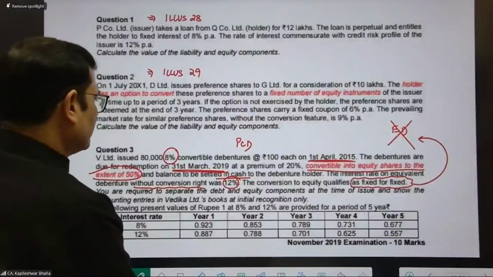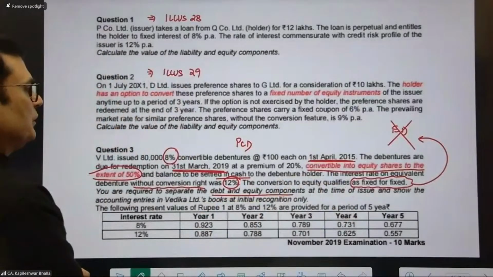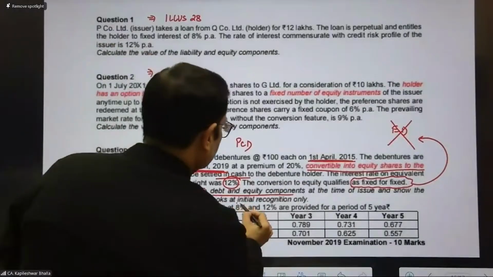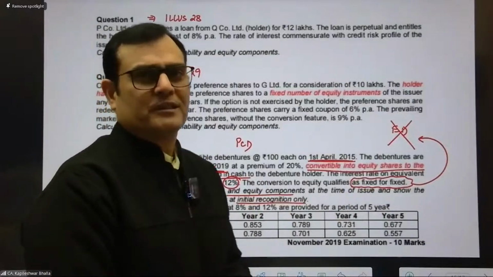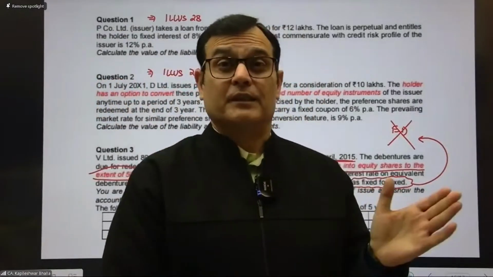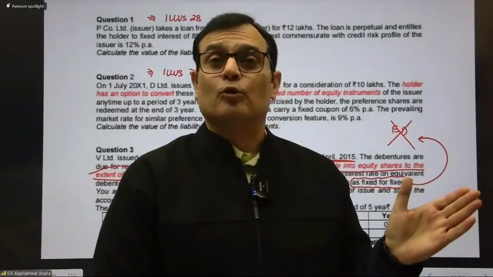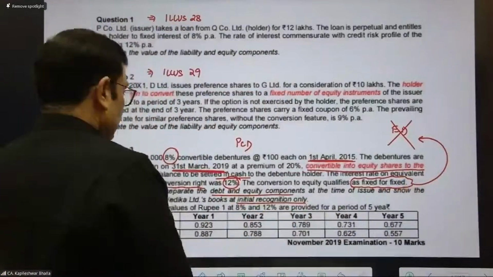And then it says further, you are required to separate the debt and equity components at the time of issue and show the accounting entries in the books at initial recognition only. I think I'm going to show you something more than the initial recognition, but it's really good for a 10 marker to only do a split accounting and only show the entry at initial recognition. Wow. So let's do this question number 3 with you.